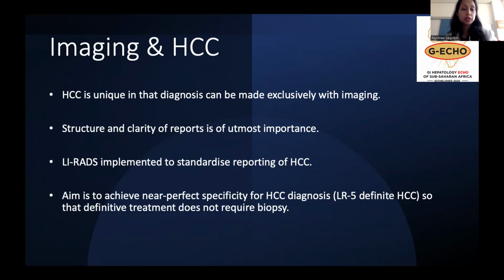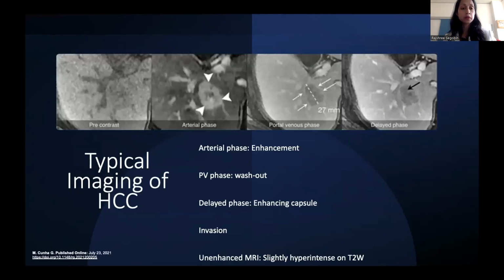LIRADS was implemented with the same idea in mind, to standardize the reporting of HCC, and its main aim was to achieve near-perfect specificity for HCC diagnosis, termed LIRADS 5, definite HCC, so that the need for biopsy can be reduced, if not eliminated, in these cases.